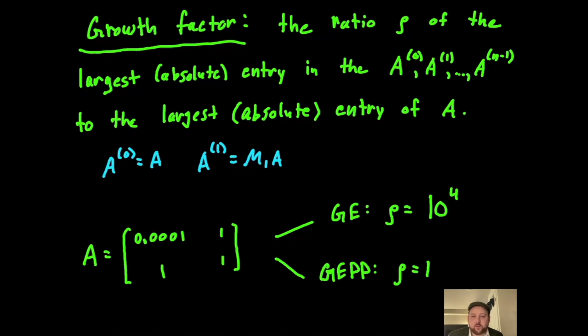So that's what's going on with the growth factor: it's trying to quantify how large the entries are getting as you move along with Gaussian elimination compared to the original matrix A. And ideally, we want to keep the growth factor small, because that will help mitigate these errors in the computed LU factors.